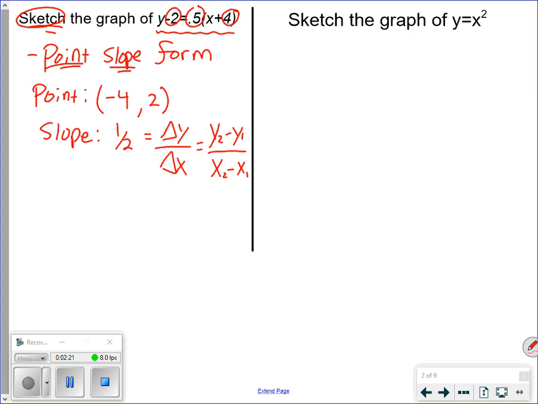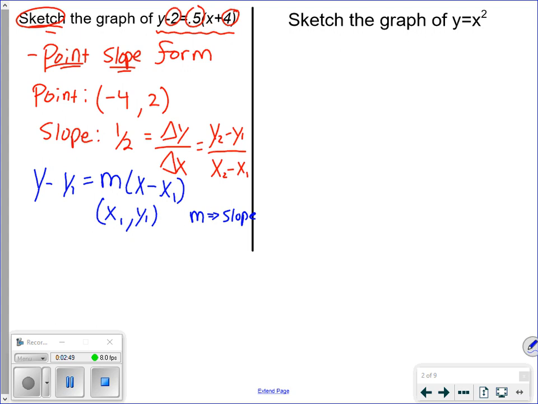I should have written out the generic form for point slope form here, so you have it. It is y minus y1 equals m times x minus x1, where x1 comma y1 is the point, and m is your slope.